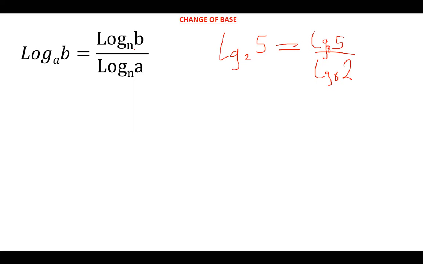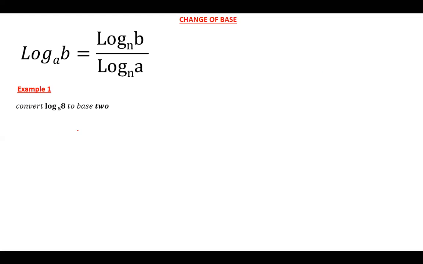So for instance, this question that has been given here says convert log 8 base 5 to base 2. So how can you convert it? You simply say this is log 8 base 5. I want to convert this to base 2.